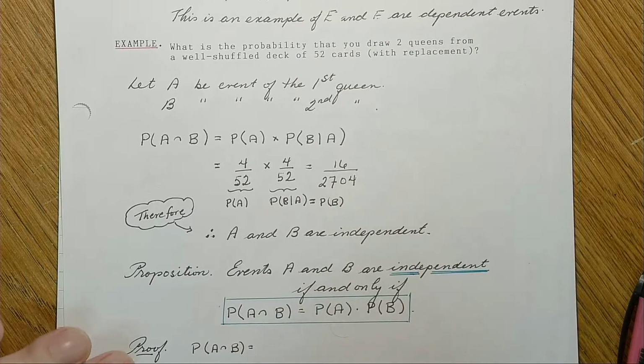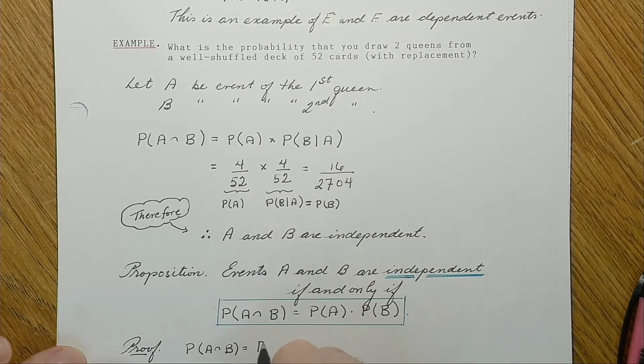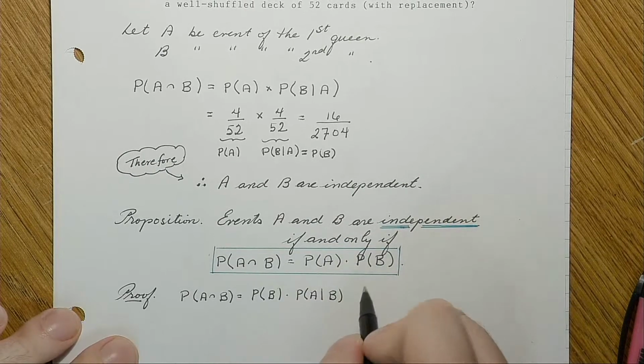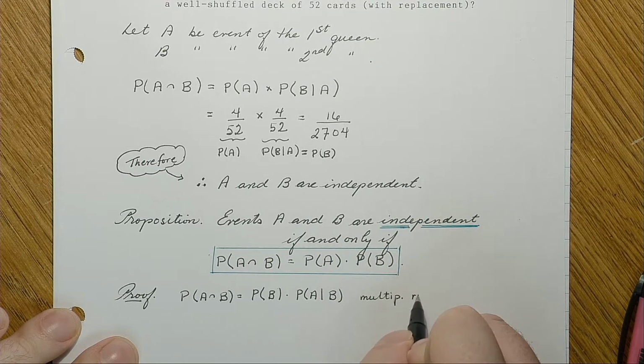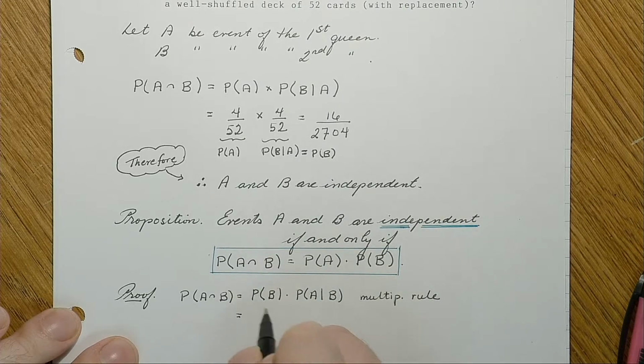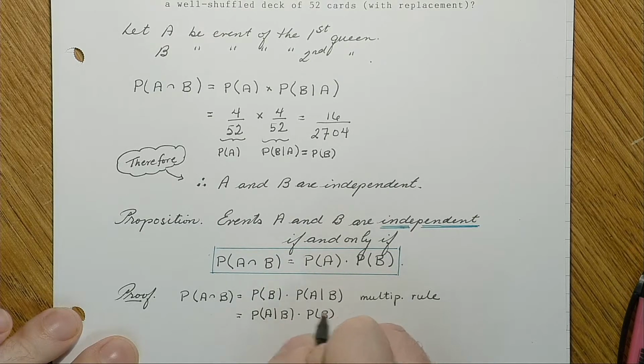So I'll copy that: the probability of B times the probability of A given B. So that's the multiplication rule. I'm going to just change the order, just by commutativity.